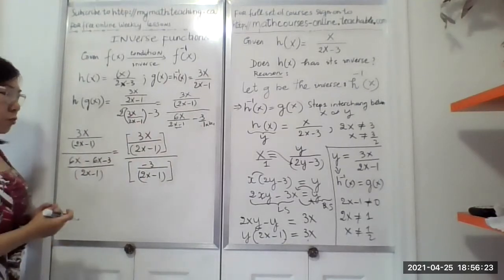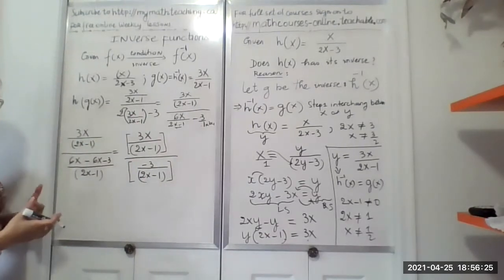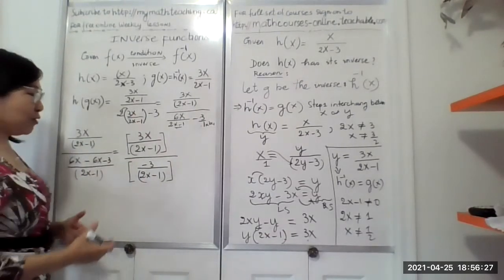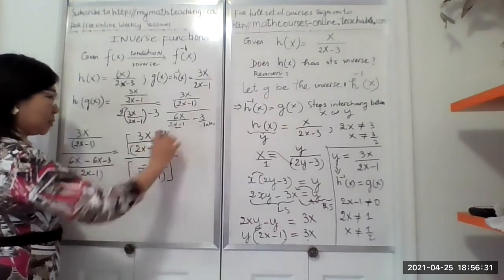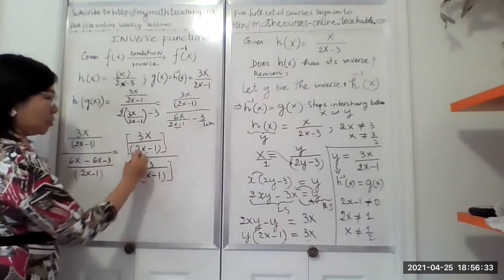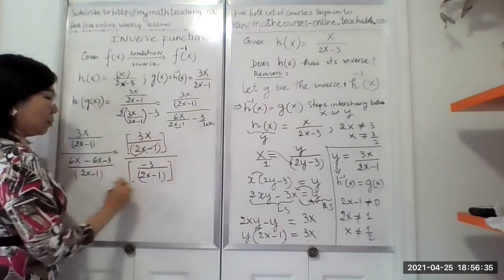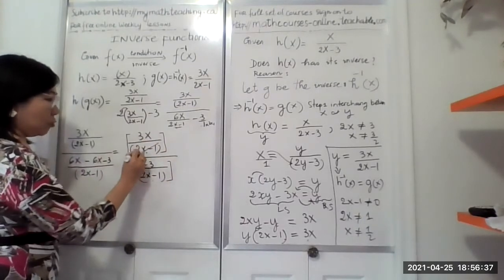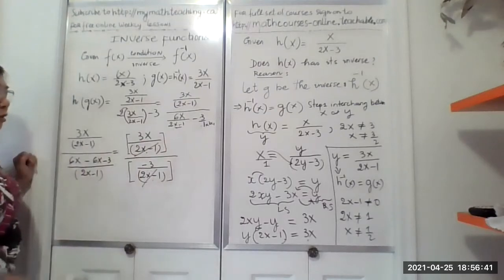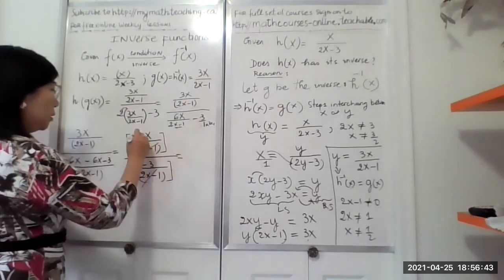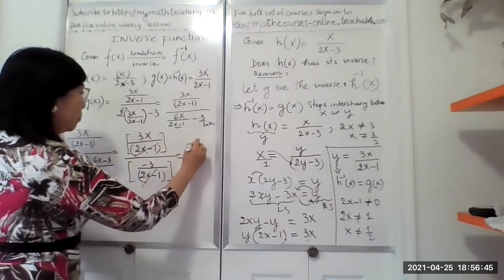But I like to do the shortcut because it makes it easy, right? I know that if I turn this upside down, this one will cancel with this one here. This denominator, because they look the same, 2x minus 1 and 2x minus 1, will cancel out. So we are left with 3x on the top.